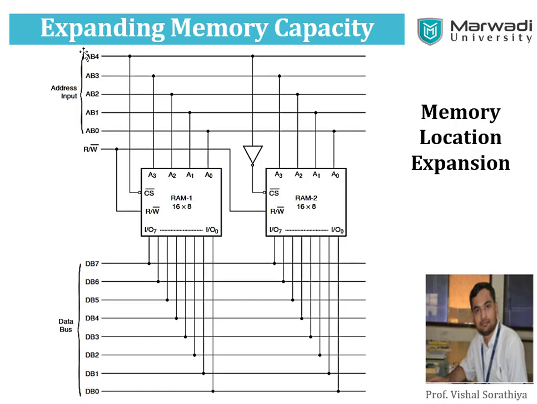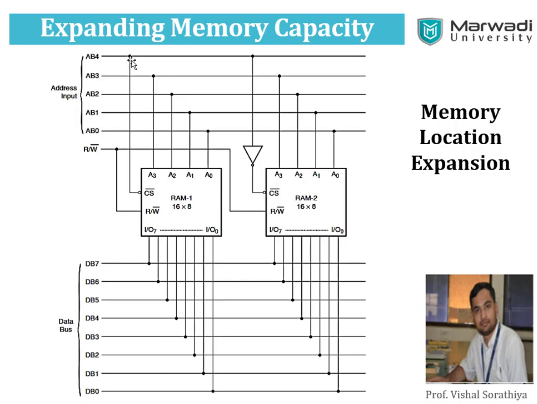Let's consider the last address bit, AB4. When AB4 is 0, it will enable RAM 2 and whatever data comes from the rest of the pins is given to the data bus. Whenever AB4 is 1, at that time RAM 1 is on, and the data according to that particular address is given to the data bus.